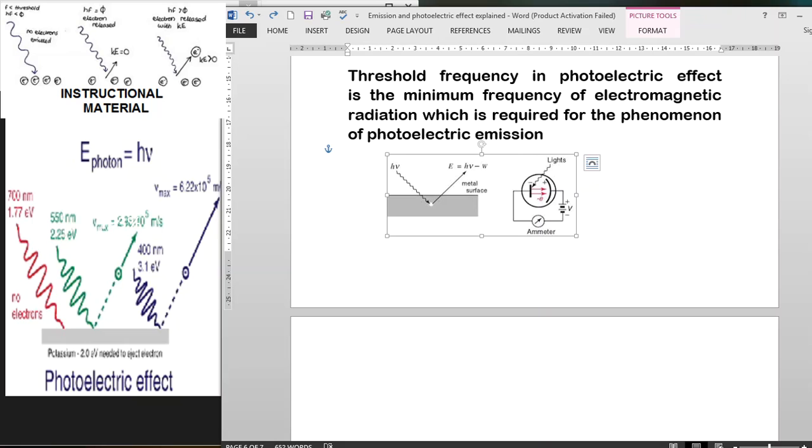So as more light falls and the frequency increases, the ammeter reading keeps increasing, and when less light falls, the ammeter reading goes back. That tells you that when electrons are being released from the surface of the material, it depends on the quantity of light and also depends on the frequency.